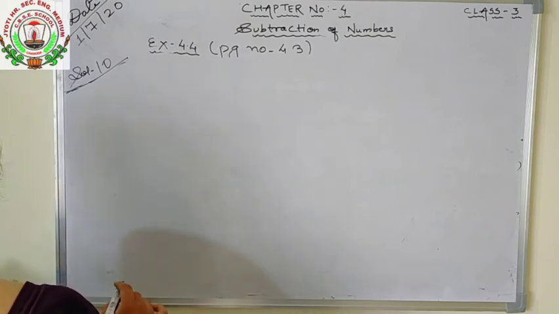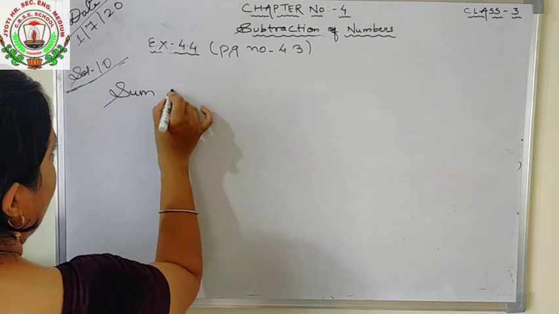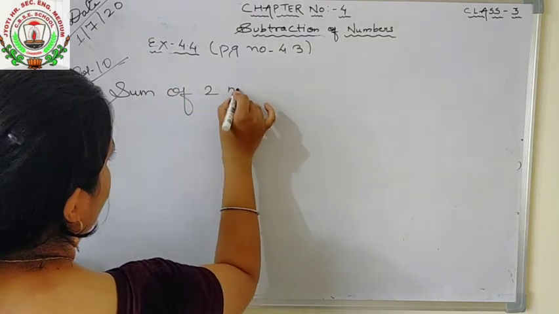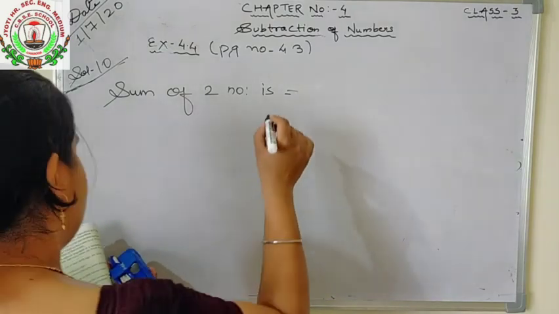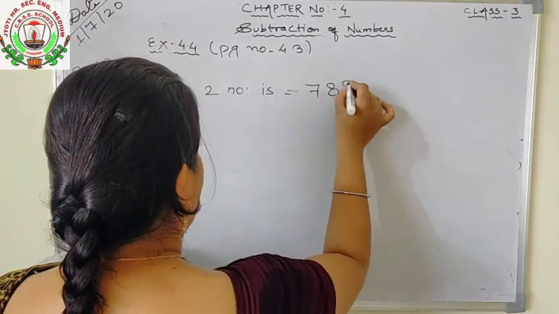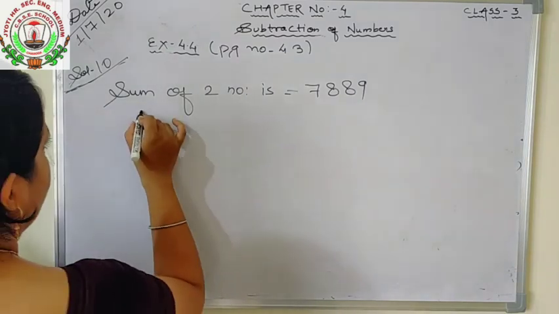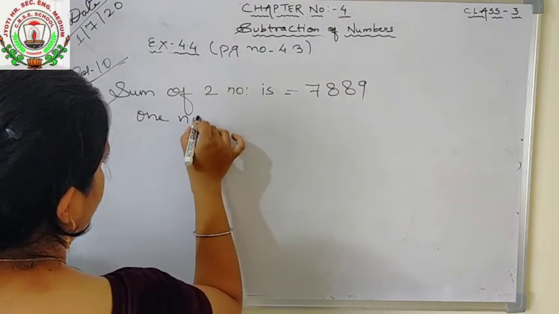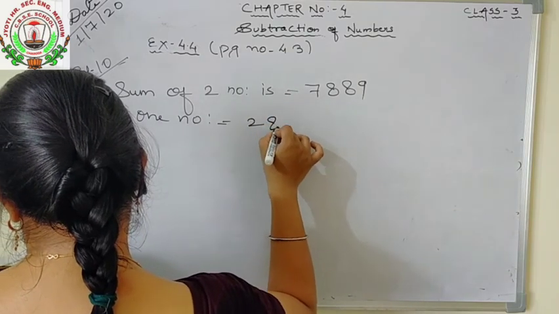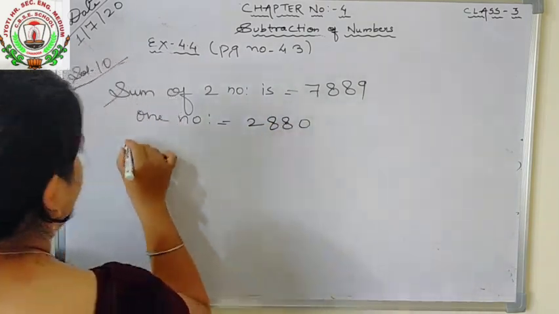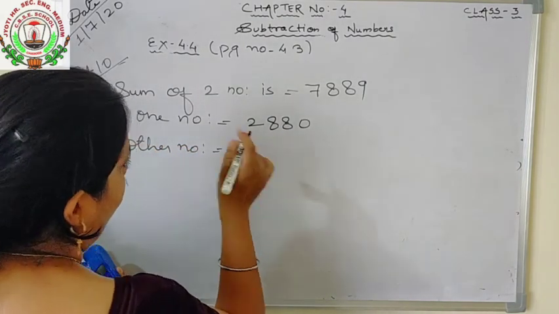Sum of two numbers is equal to 7889. One number is equal to 2880. You have to find the other number.